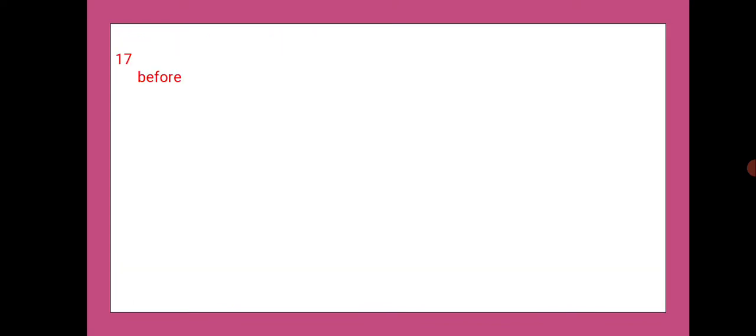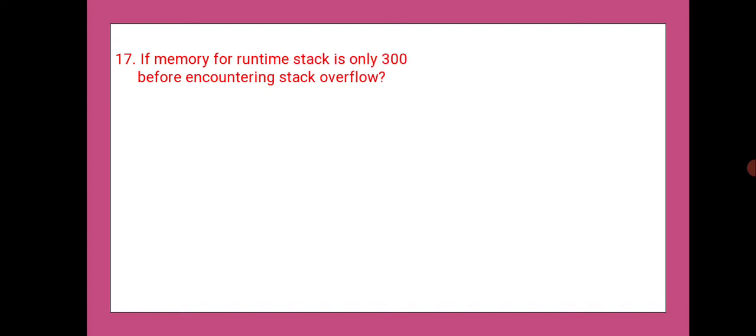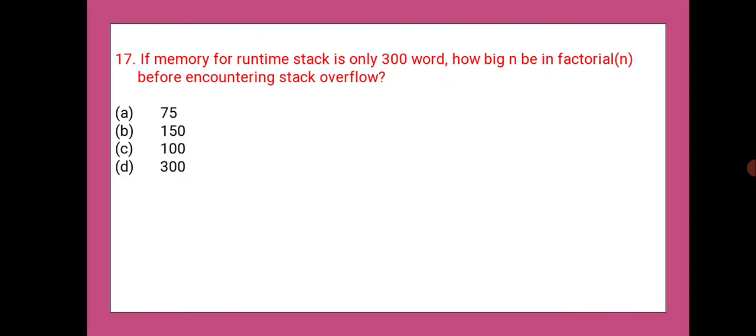If memory for a runtime stack is only 300 words, how big can n be in factorial of n before encountering stack overflow? A 75, B 150, C 100, D 300. It's simple, floor of 300 divided by 3. Hence the value is C. 300 divided by 3 is 100.